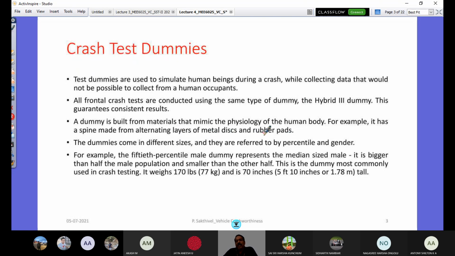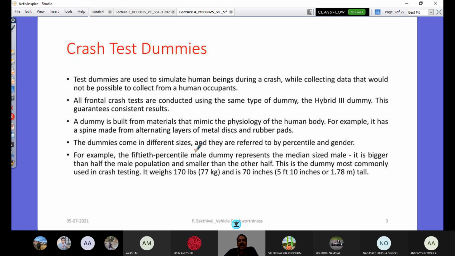Rubber cannot be treated as a tissue, and metal disc cannot be a real bone because they are different for different humans. But you see that these metal discs embedded with rubber pads would almost resemble the real human occupant's spine. So this is the latest development in dummies, and such dummies are used.